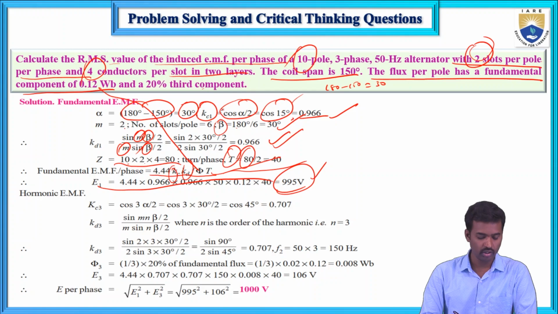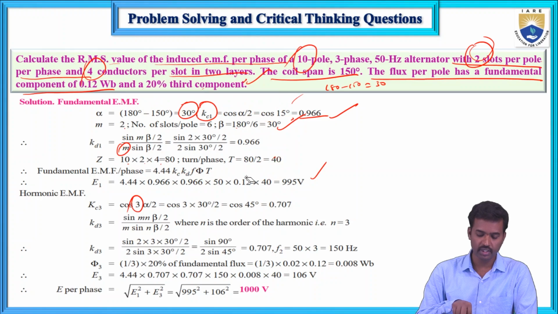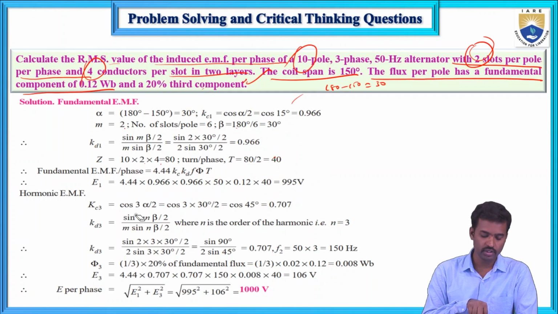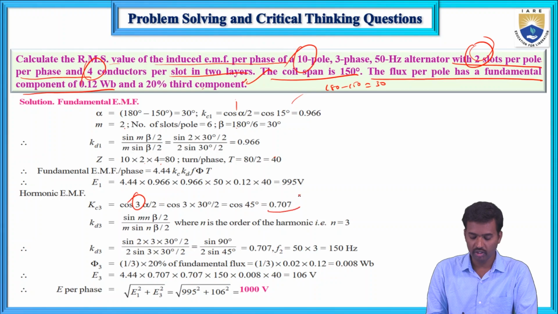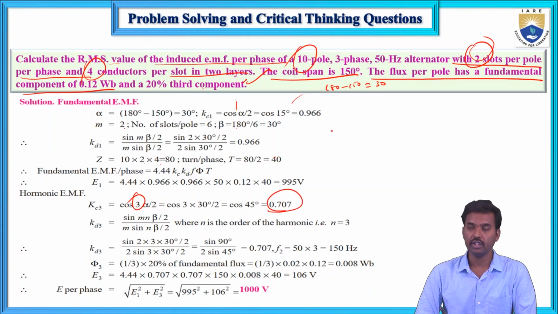So for the third harmonic component, we follow the same procedure, but in the previous case the harmonic order was only 1, and here we substitute 3. So now cos 3 into 30 by 2, cos of 45, everything is the same.